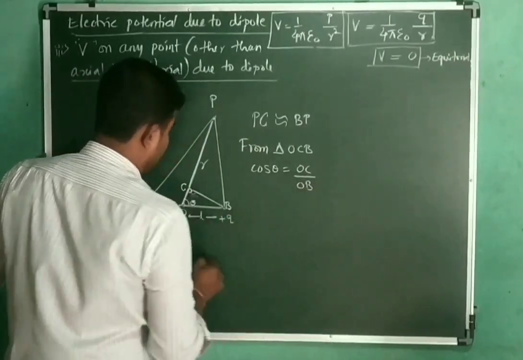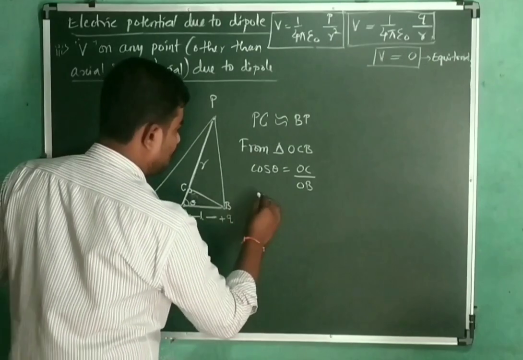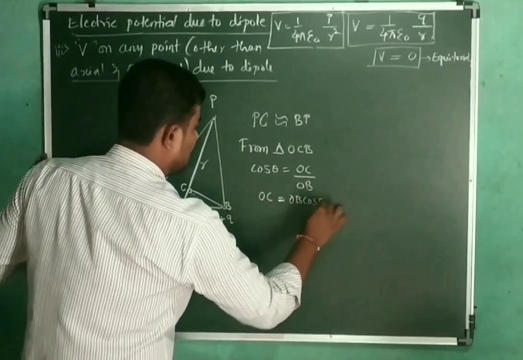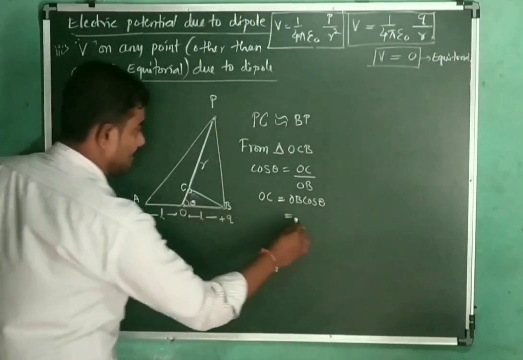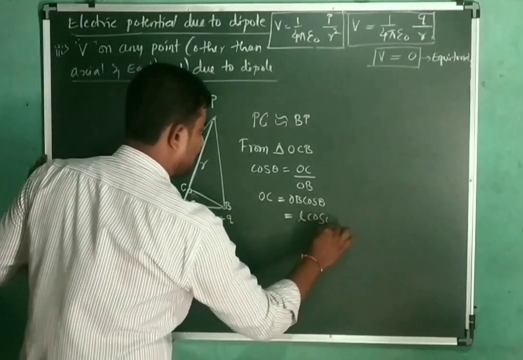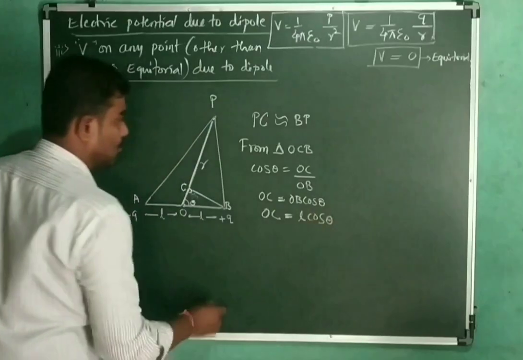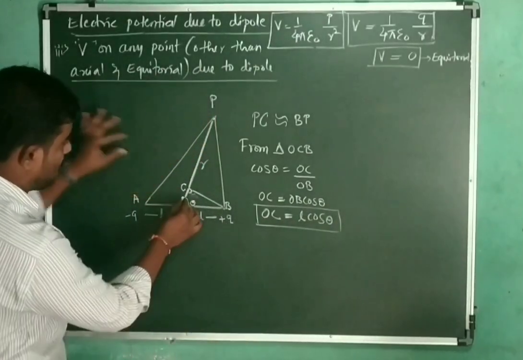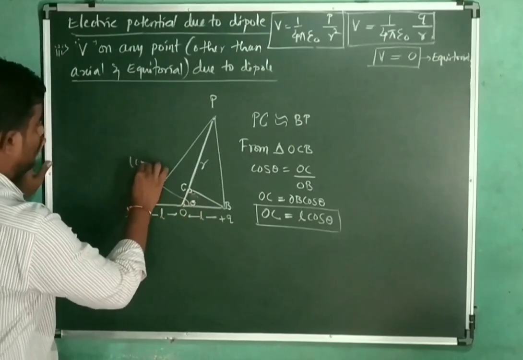So OC is equal to OB cos theta. OB is L, so the OC distance is L cos theta.